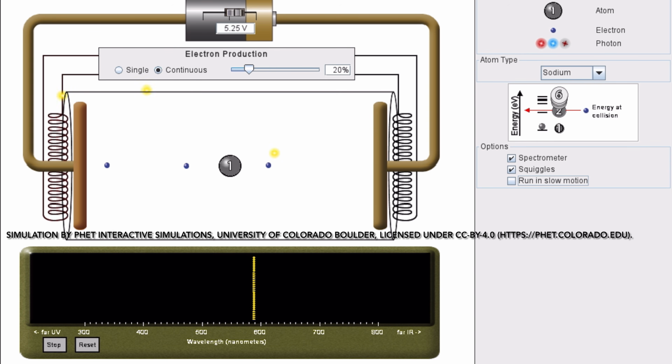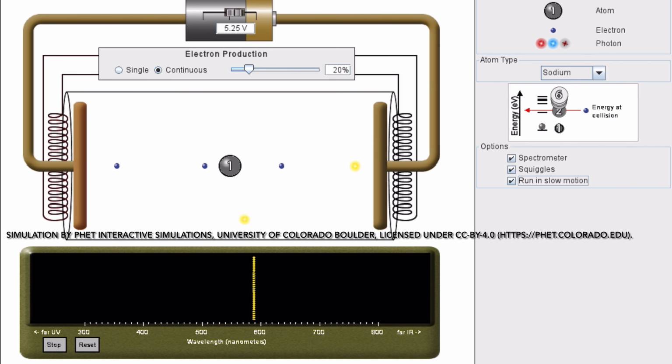And then when the electron inside the sodium atom de-excites and falls back down to the lower energy level, it emits a photon of energy equal to the difference between the two energy levels. And therefore, the colour of the photon emitted is exactly the same as the colour of the photon which is absorbed in the absorption spectrum.